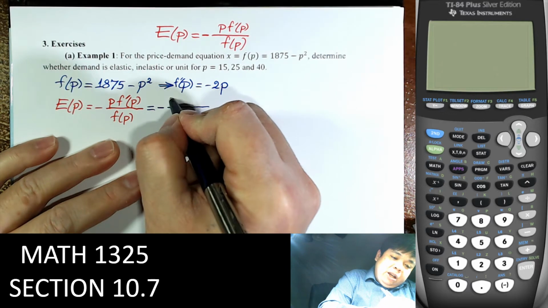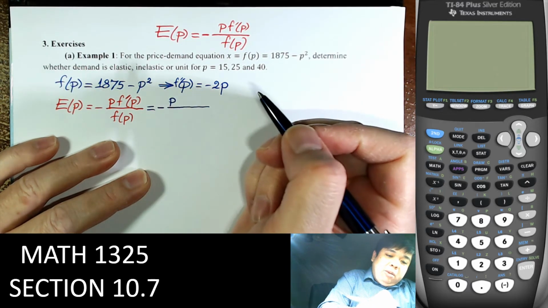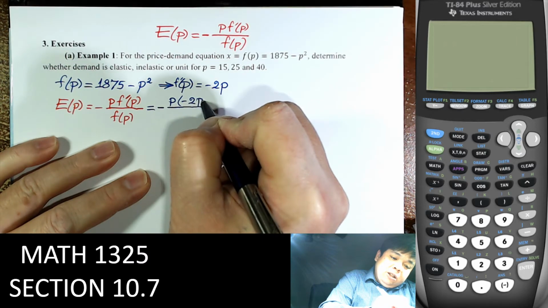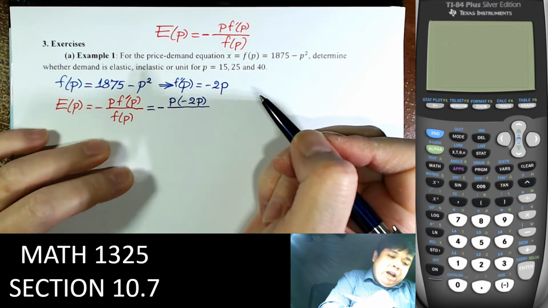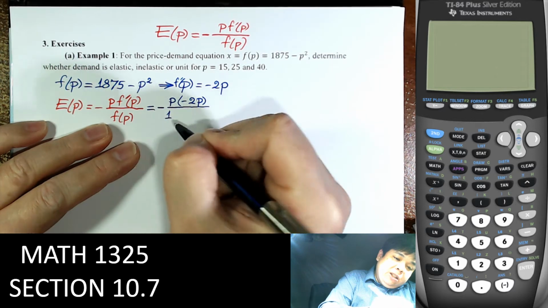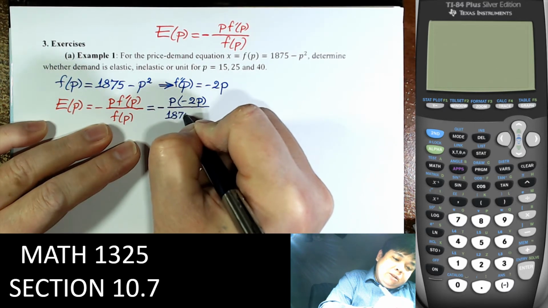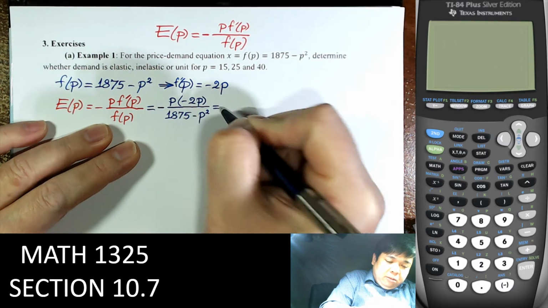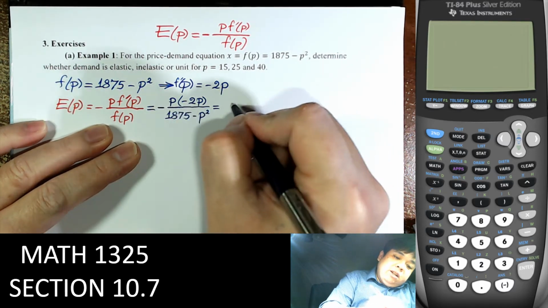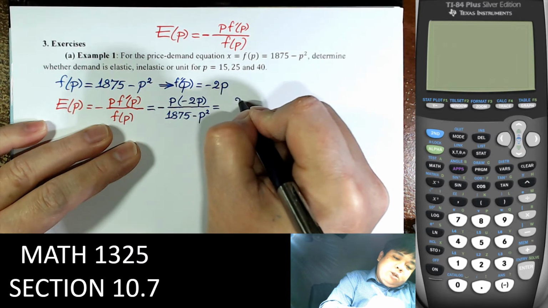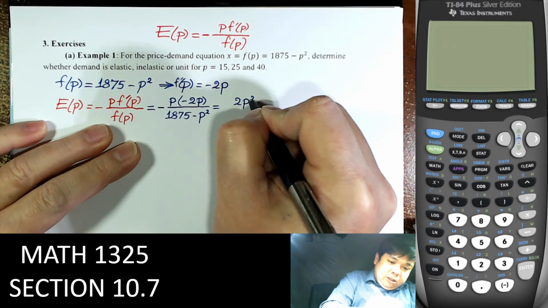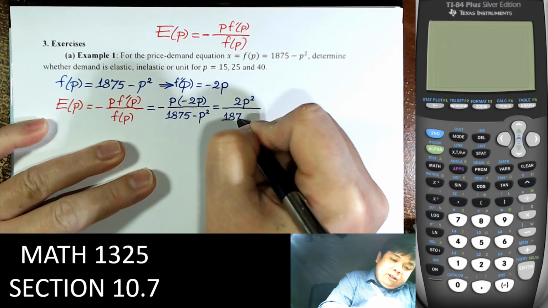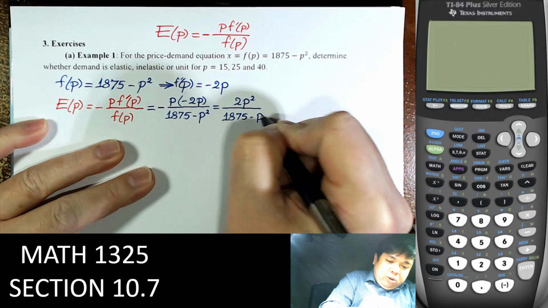We have p, f prime is negative 2p, over f of p. So negative and negative, and then 2p times p, so that's just 2p squared over 1875 minus p squared.